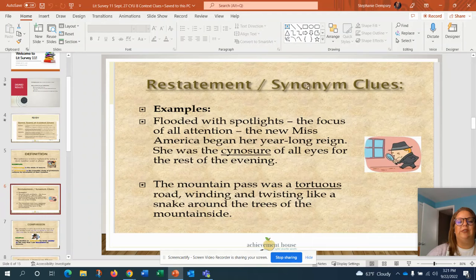We'll see restating what something means, or a synonym. So the mountain pass was a tortuous road, winding and twisting like a snake around the trees of the mountainside. So we're seeing that it's twisting, it's tortuous, there's winding. So we're seeing some synonym words.